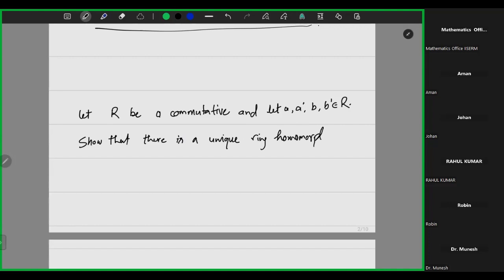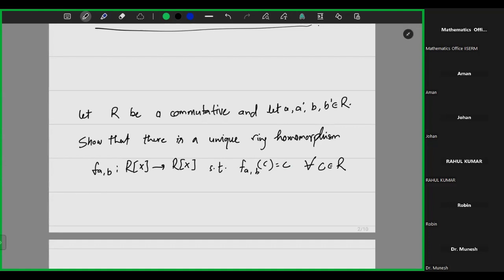I will recall it. Ring homomorphism F_AB from R[x], which is the polynomial ring over R, to R[x], such that F_AB of C is equal to C for every C inside R. I mean, constant elements of R are said to be constant polynomials.